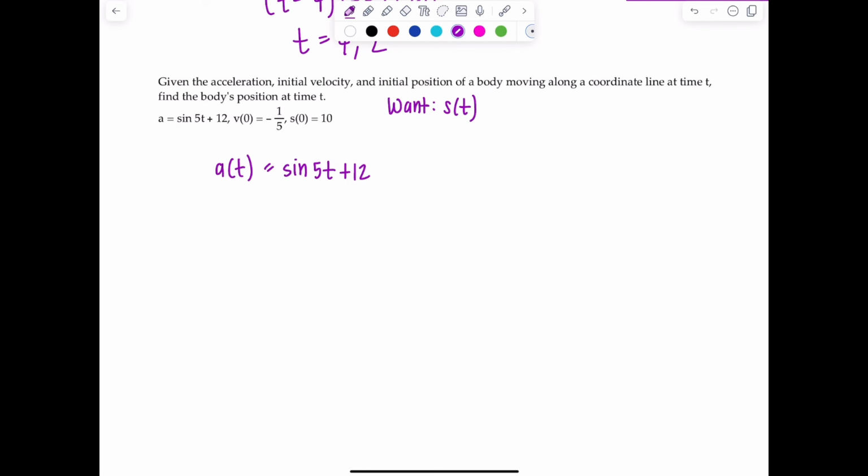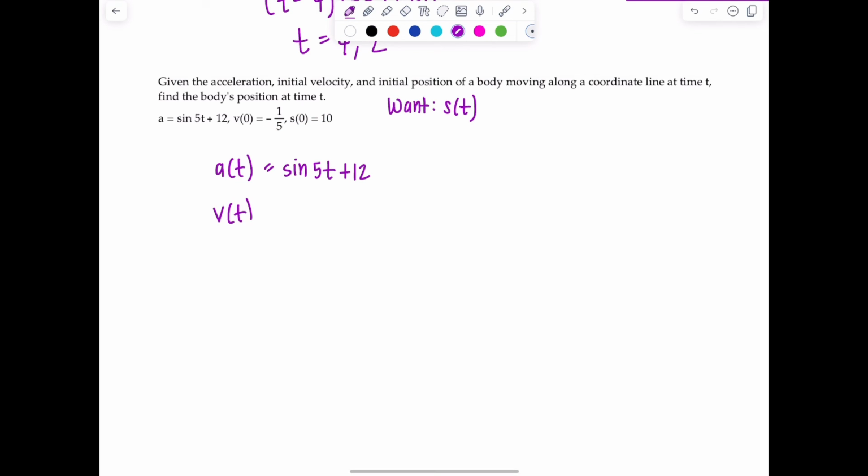Okay, to get the velocity function, I have to go along that route. So I'm starting with acceleration. To get to the position function, we have to take two antiderivatives, right? When we go from position function to acceleration, we take two derivatives. So to go backwards, we have to undo it twice.